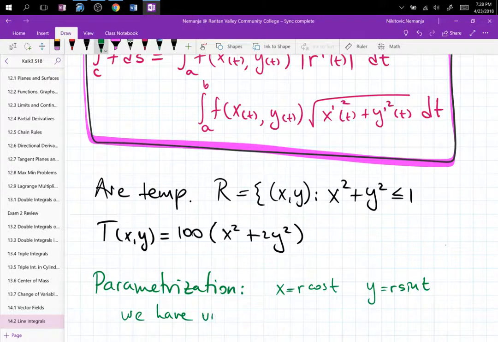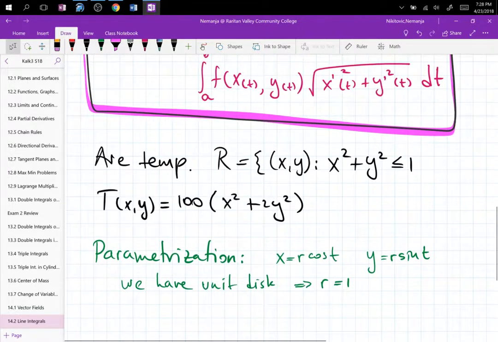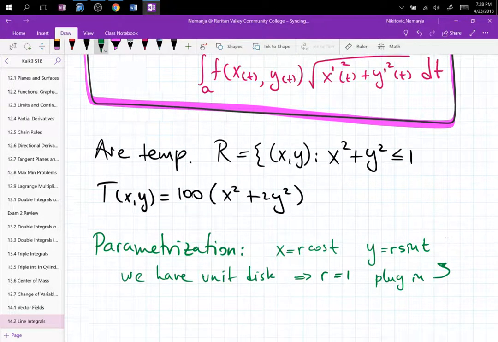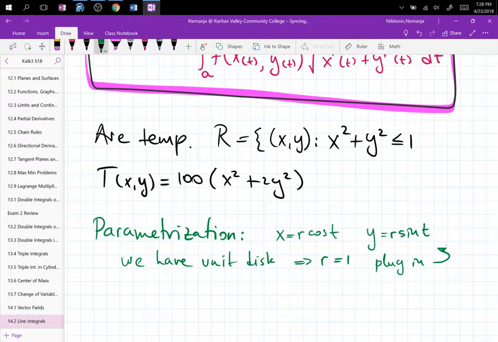We have unit disk, and if I have unit disk, that implies that r is equal to 1. Plug in. So now my parameterization evolved to the point where x is equal to just cosine t and y is equal to just sine t, because r is equal to 1 in both of those equations.